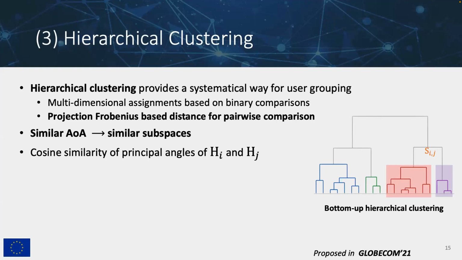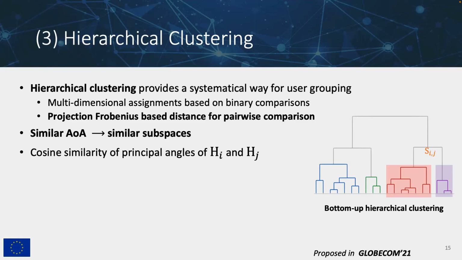So the idea of the hierarchical clustering is that it provides an easy way to perform comparison among different users. Basically, we are interested in clustering users that have similar angle of arrival. But in the multipath case, that translates to users that have similar subspace.